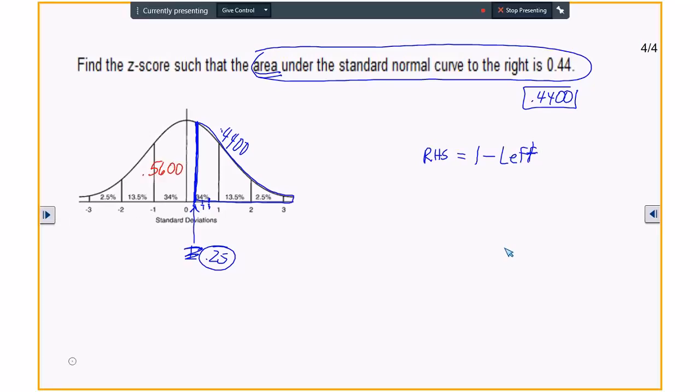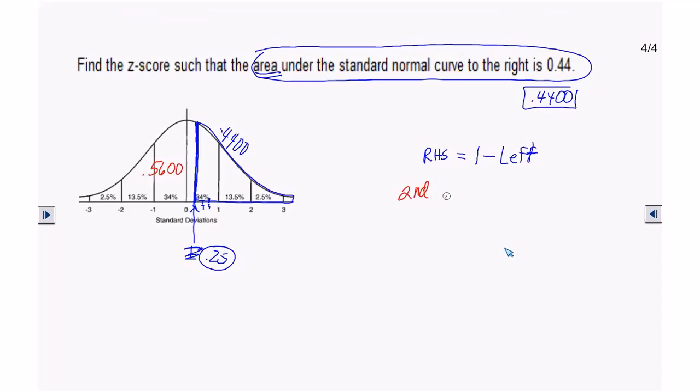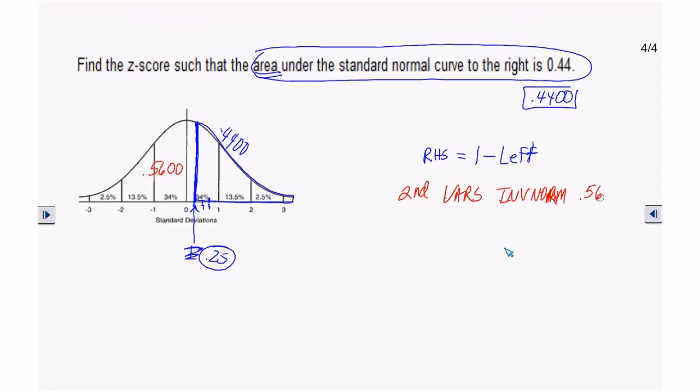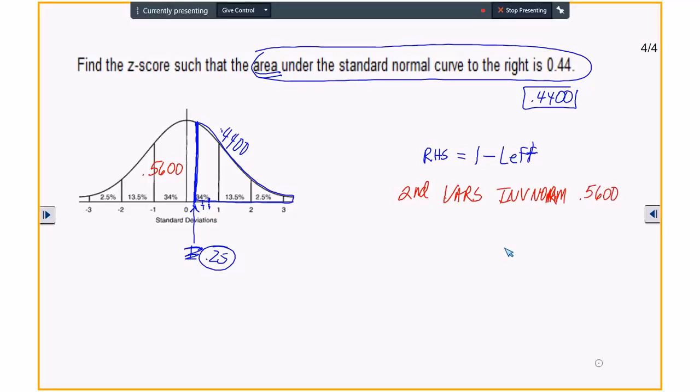Somebody check my math there. That's right. So you would do second, inverse norm of 0.5600. And tell me what you get.